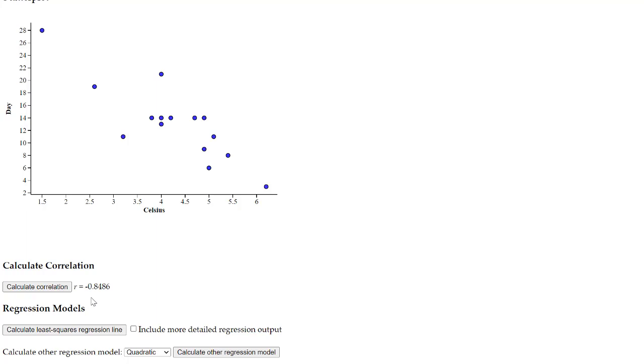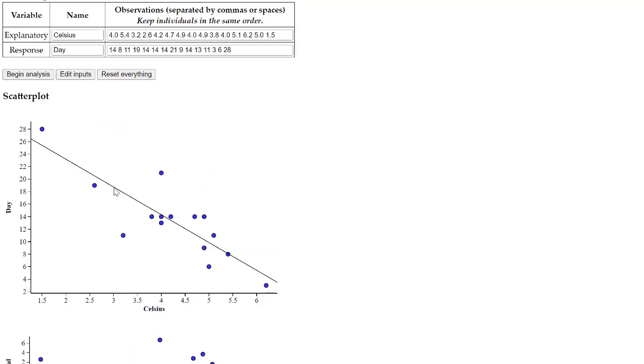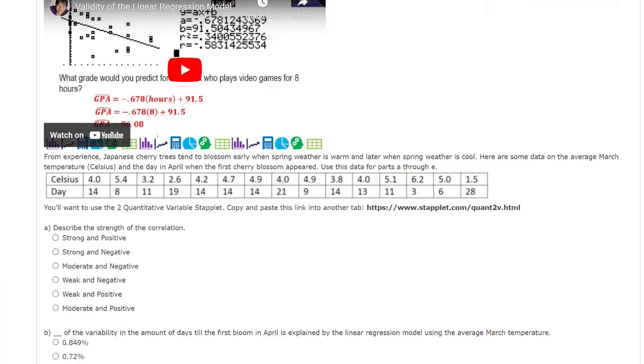It's a negative 0.85. Let me show you the regression line. The dots are not that far away from the line. And an R of negative 0.8486, that's pretty close to negative 1. So we actually consider that strong. So we're going to say it's strong and negative.